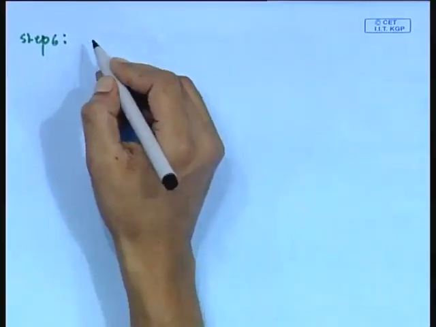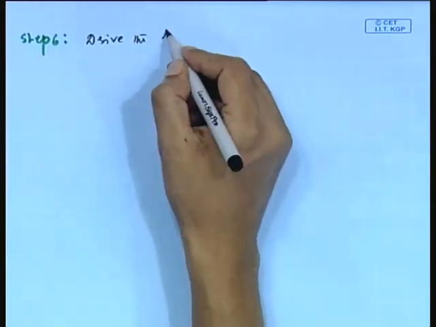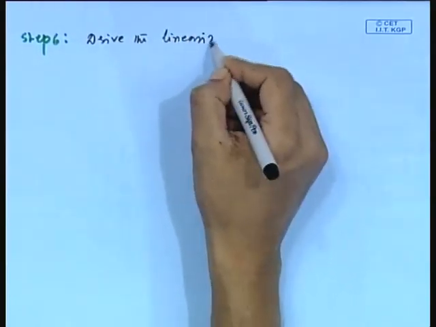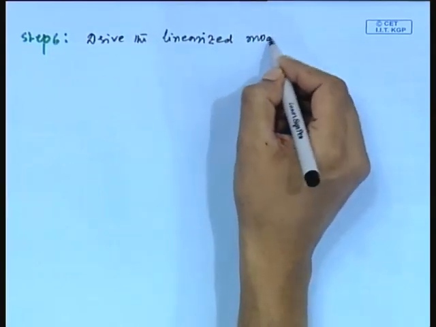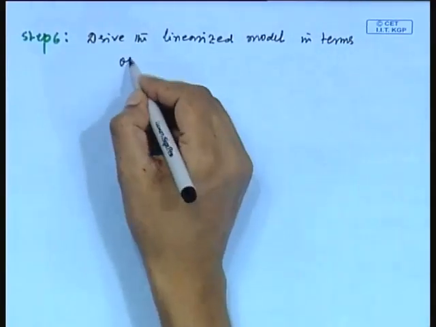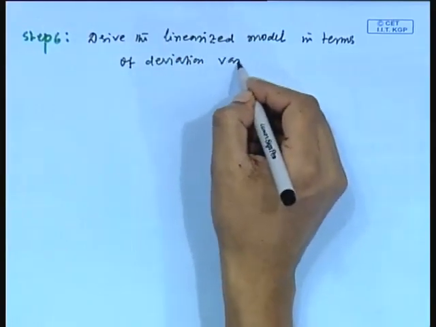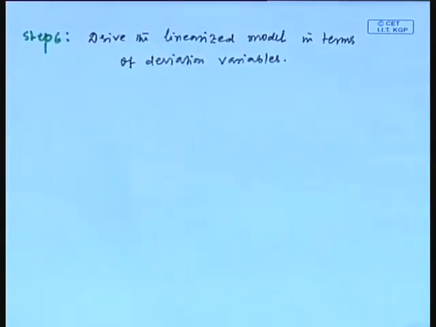So, step 6 is: derive the linearized model in terms of deviation variables. Fine. If we subtract steady state equations from linearized modeling equations, we get these two expressions.